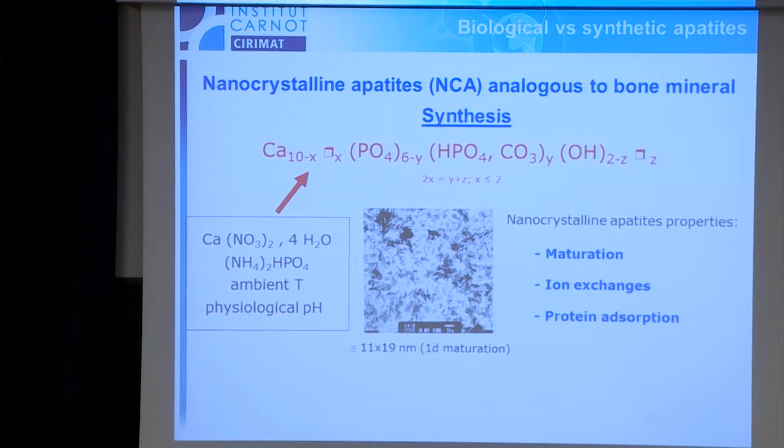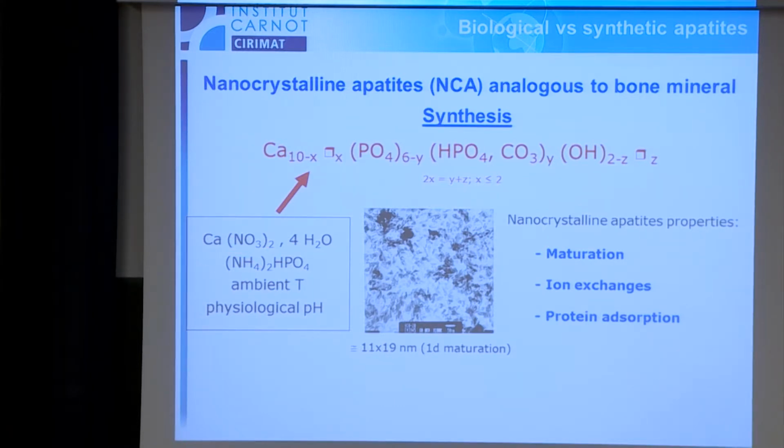Here you can see a general formula of the apatite that we can prepare. It is a general formula because we can also add carbonate in the solution to prepare a carbonated apatite, and we can change the pH to prepare more or less hydroxylated apatite.